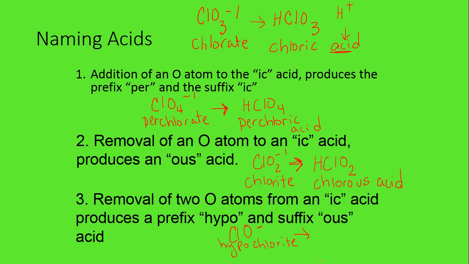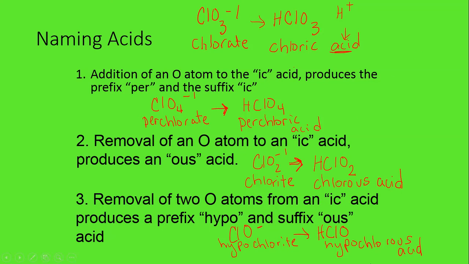So the question is, what happens to it when it gets hydrogen? What happens to it when it becomes an acid? Well, now that chlorous acid becomes hypochlorous acid. Now, these are the max that you're going to see.